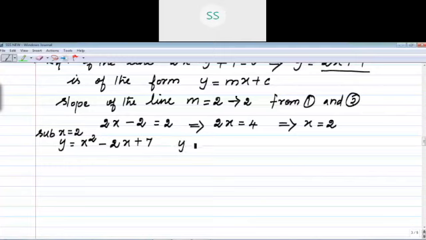What is your y now? y is equal to 2 square minus 2 into 2 plus 7, right? 2 square you know is 4. So 4 minus 4 cancel, which is equal to 7.